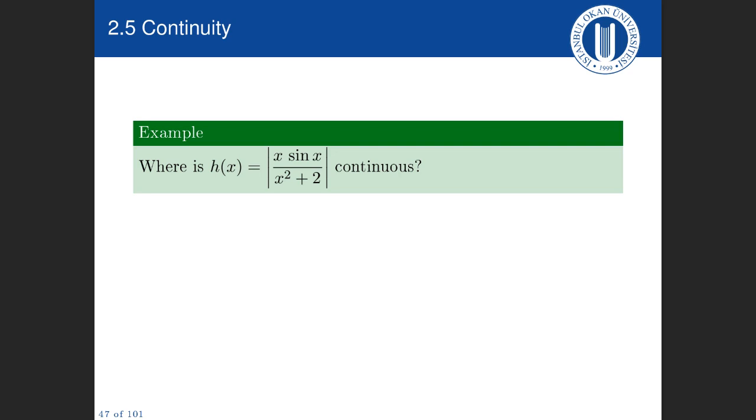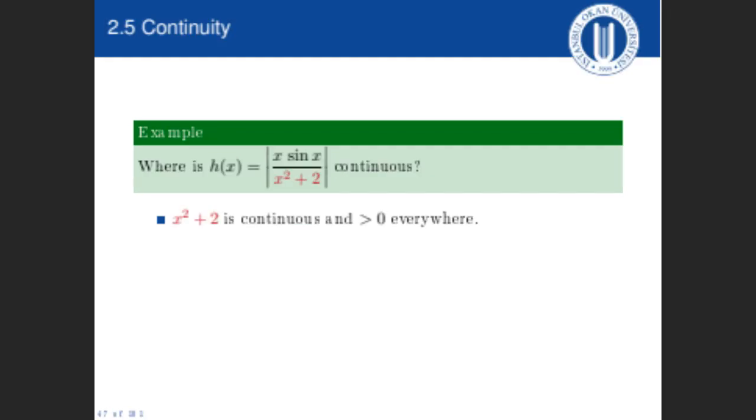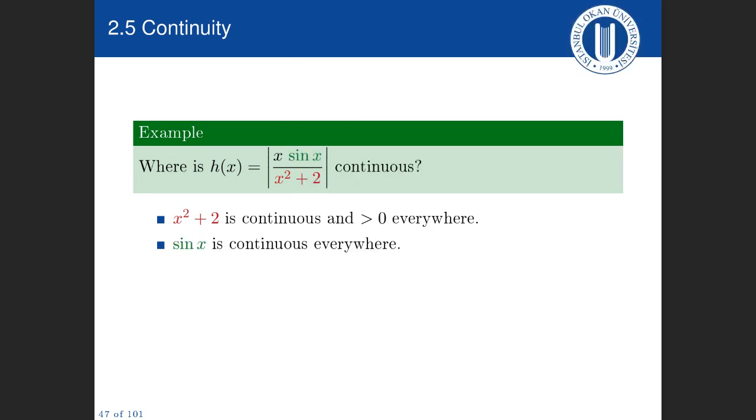Moving on, where is the function absolute value of x sine x over x squared plus 2 continuous? Well, we have x squared plus 2 on the bottom. That's a polynomial, that's continuous, and it's always greater than 0. We have sine x.